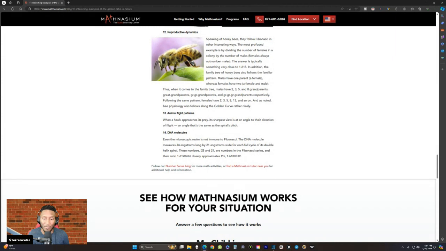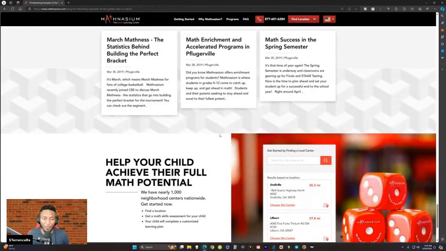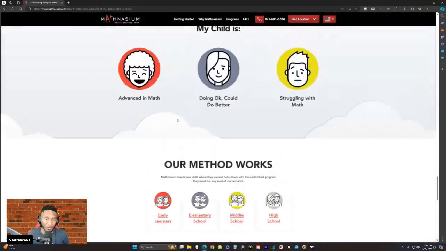These numbers, 34 and 21, are numbers in the Fibonacci series, and their ratio is 1.619, closely approximating 1.618. So you see, and if you go all the way down, you can come and read all these different articles up on it.